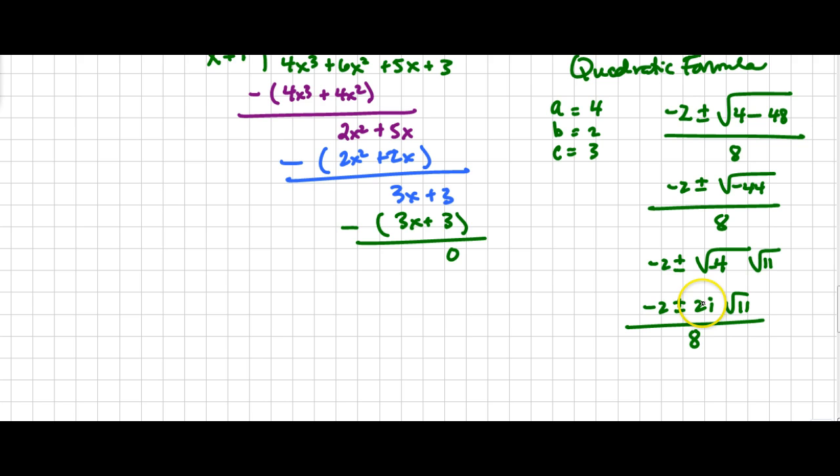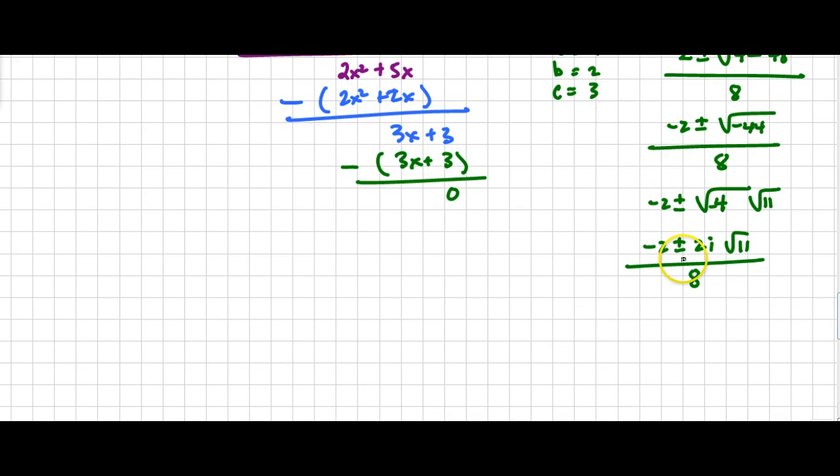The 2 comes out in front, the 11 has to stay. Let's talk about reducing now since I've got a 2 and an 8 and a 2. Let's pretend for a moment that the i wasn't there just so students can see it a little bit more clearly. The 2 and the 8 and the 2 and the 8 could reduce.